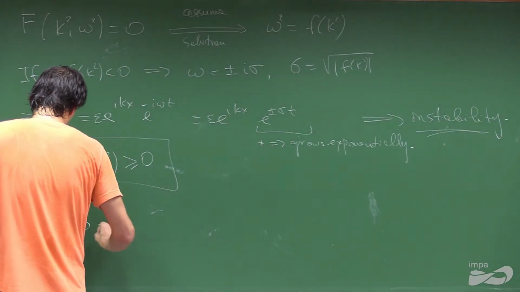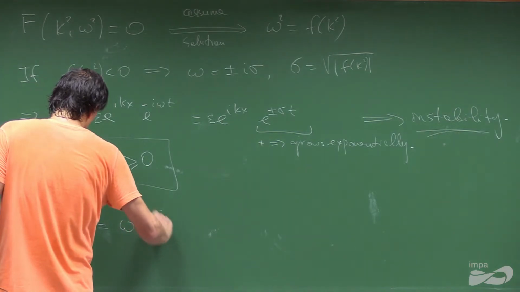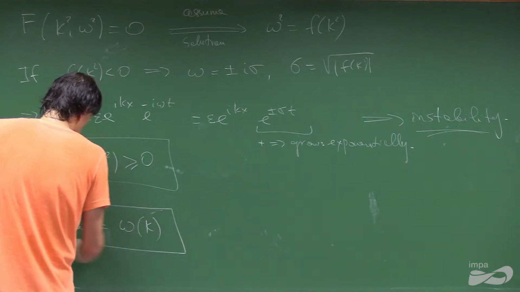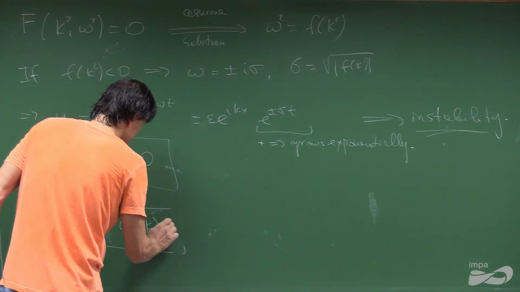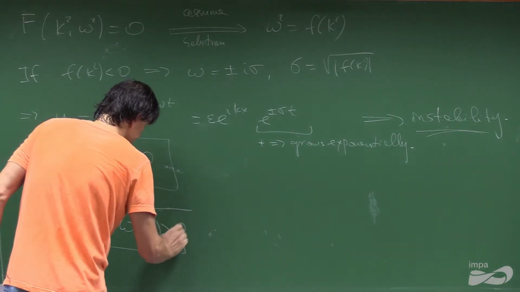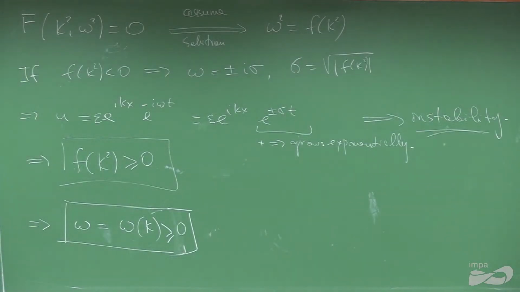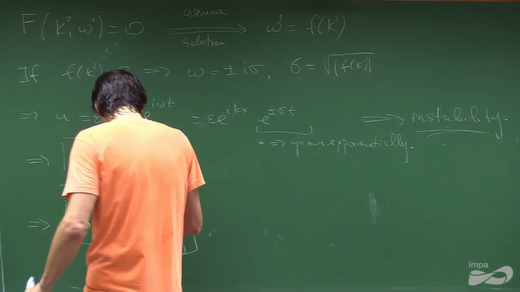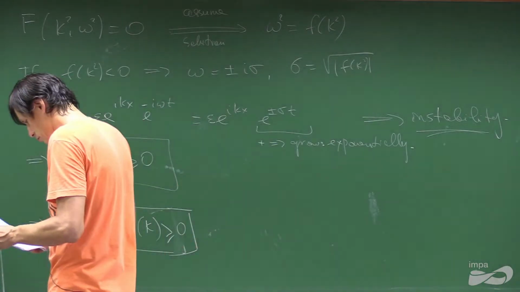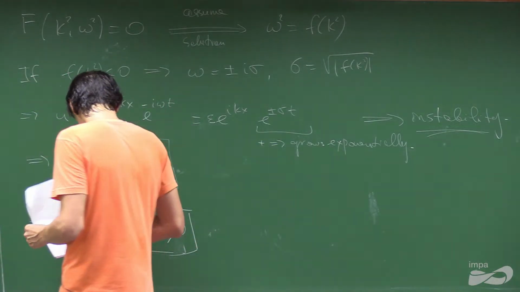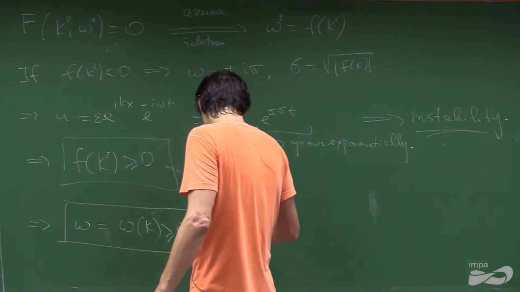So we find that omega is a certain non-negative function of k. So we can always take the square root. So that's called the dispersion relation.